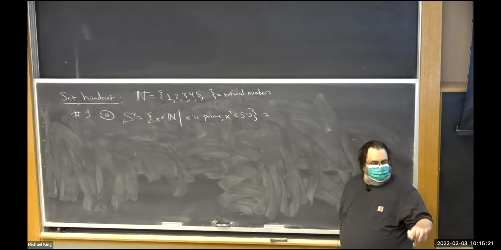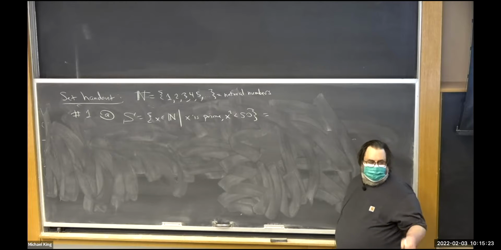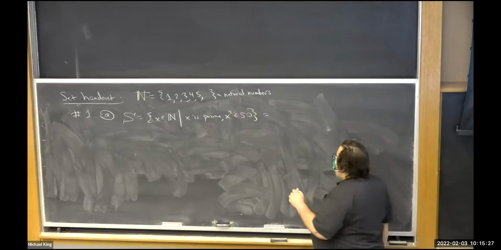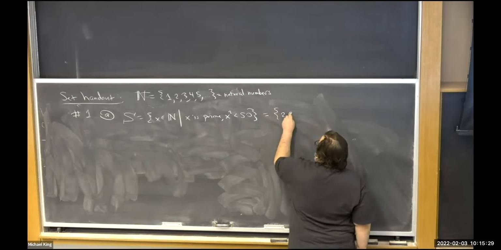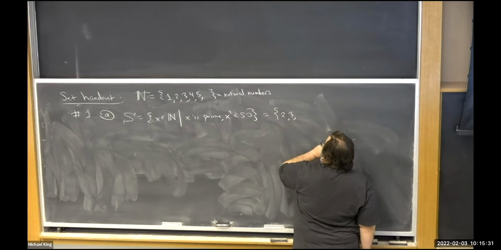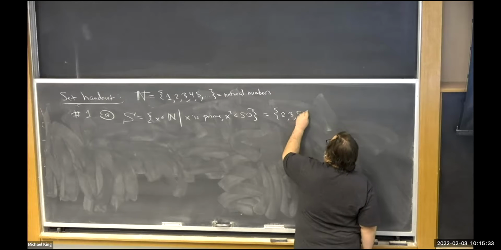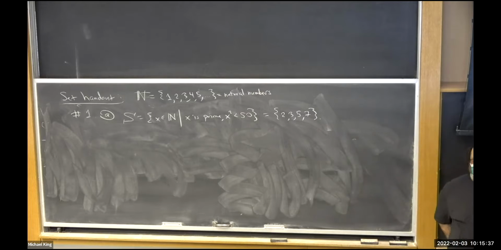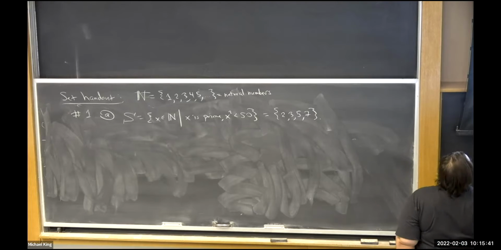We'll talk about why at some point. It's the primes whose square is less than 50. So just 2, 3, 5, and 7.